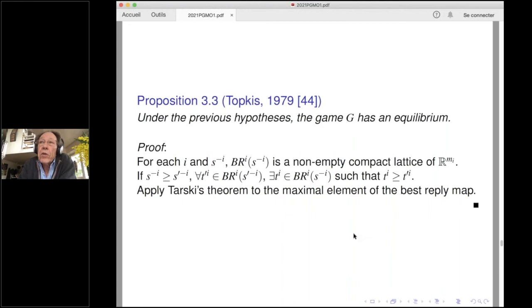So you first show that the best reply map has a maximal element, and then you apply Tarski to the best reply. That's just to show that there are other fixed points than those using topological properties. So this is a place where you use the ordered structure.